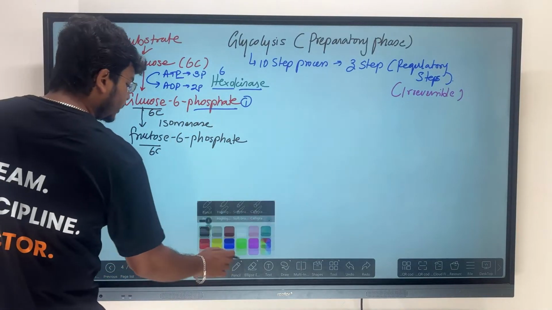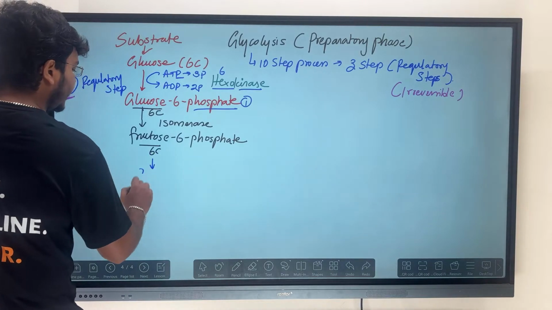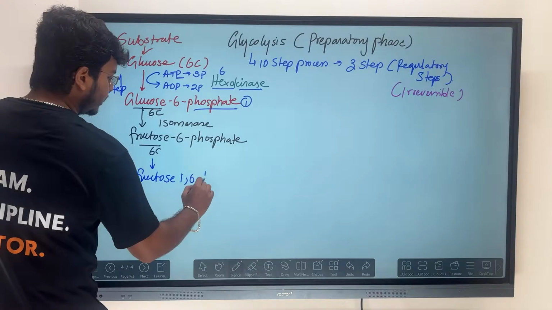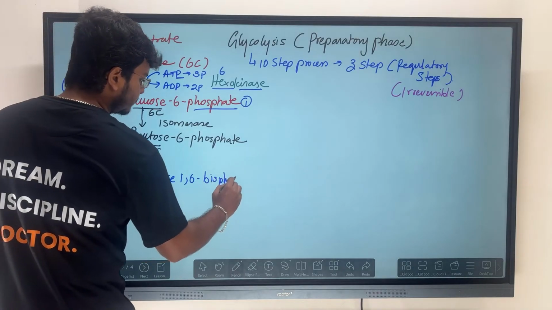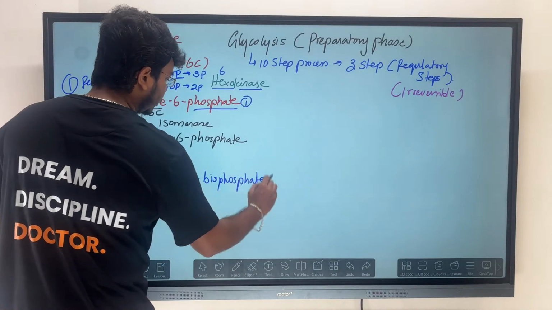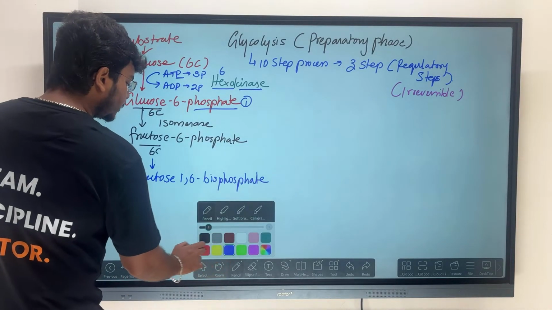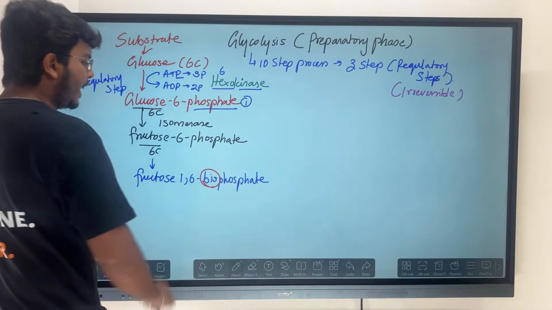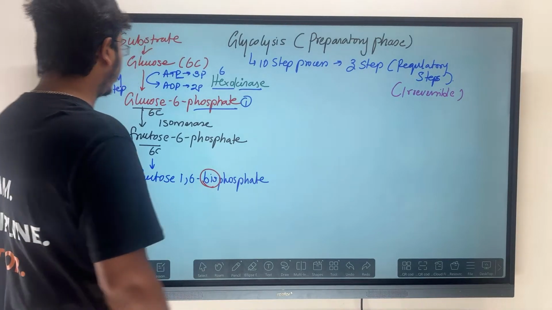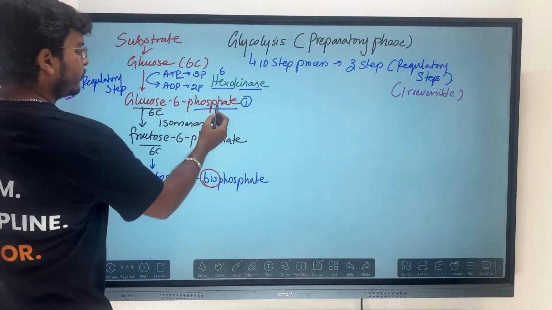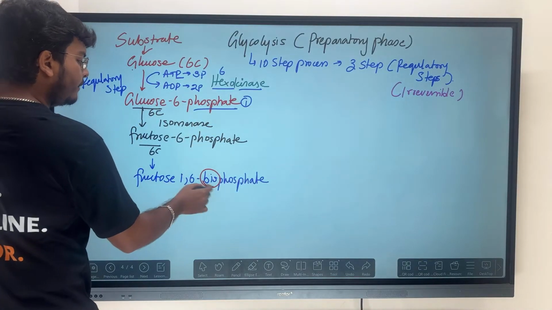And now the next thing is fructose 6 phosphate gets converted into fructose 1,6 bisphosphate. What does it mean? Bisphosphate means we have 2 phosphates. You can see that with glucose we got 1 phosphate and now we have another 1 phosphate.